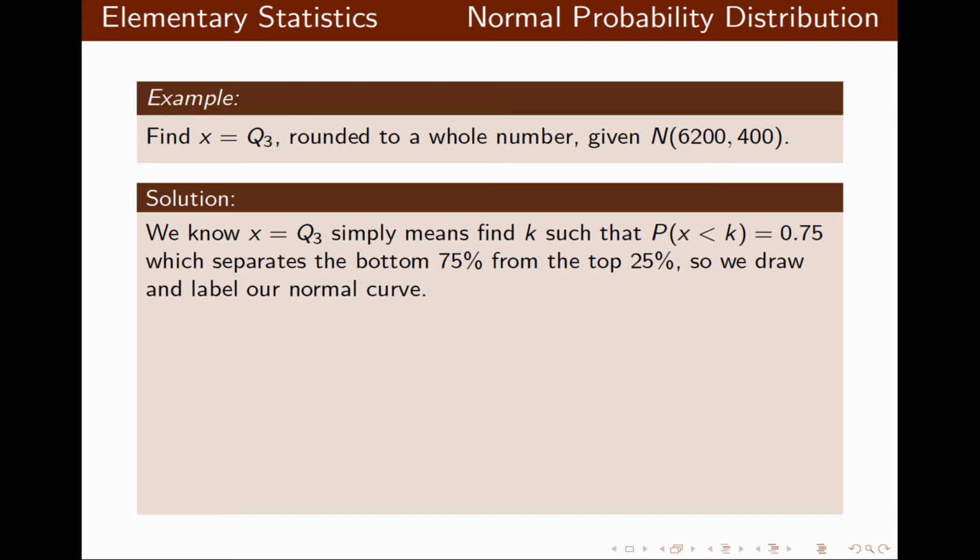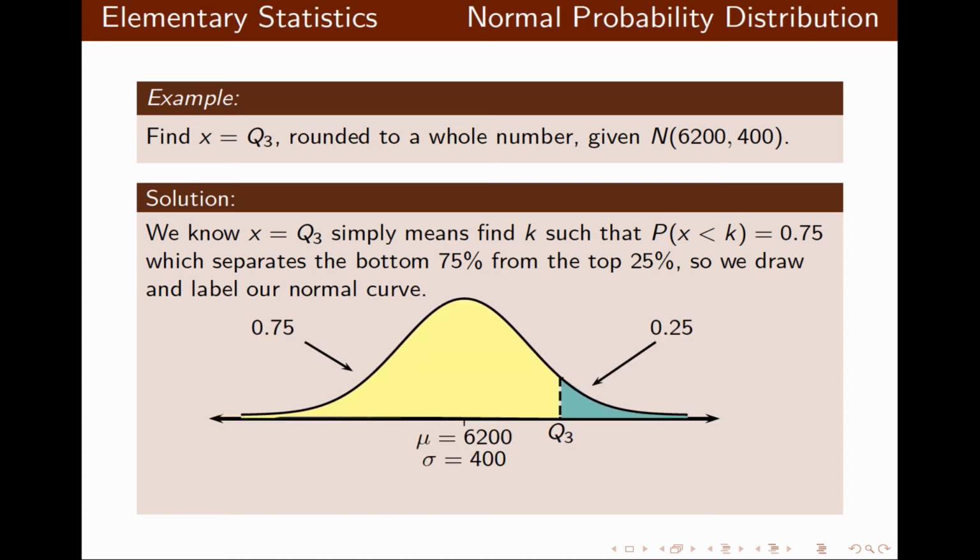Well, we already know Q3 simply means that the area to the left is 75% and the area to the right is 25%. So we're going to draw and label again. So we have the left area as 0.75, the bottom 75%. We also have the area to the right, the top 25%. But using inverse norm, we just need the left area.